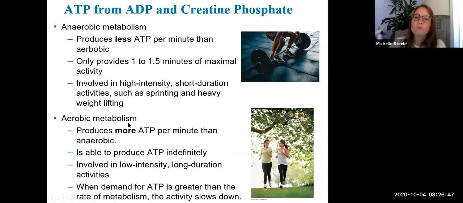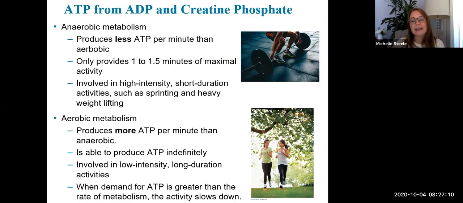Now we have aerobic metabolism. This is going to produce more ATP per minute than anaerobic metabolism. And basically, this is able to continue indefinitely. So think about low intensity, long duration activities like fast walking or maybe a light jog.